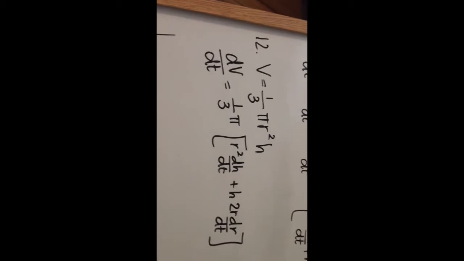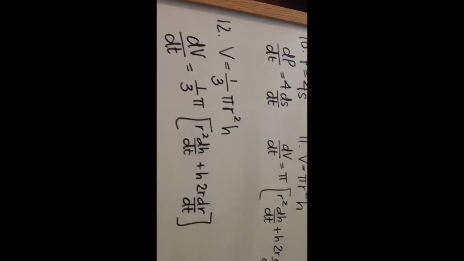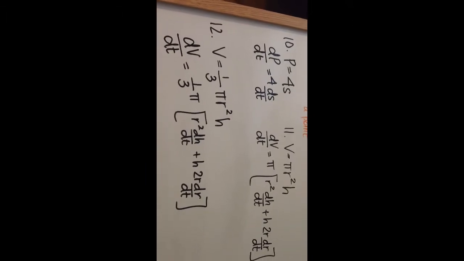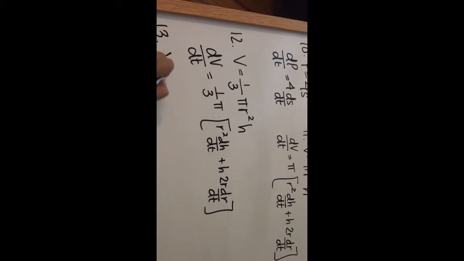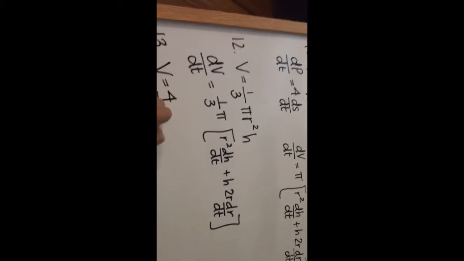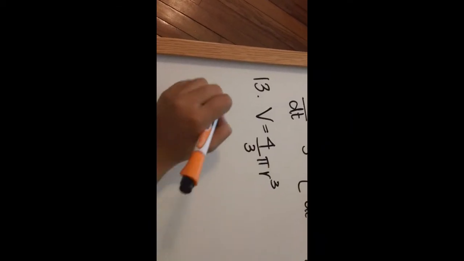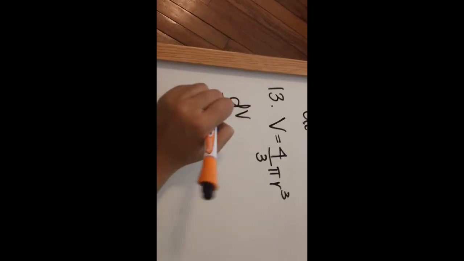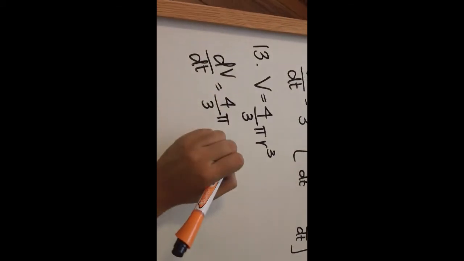13 is the volume of a sphere. So dV dt equals 4 pi thirds.